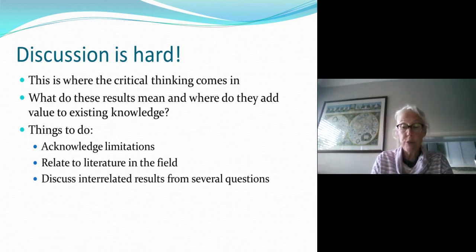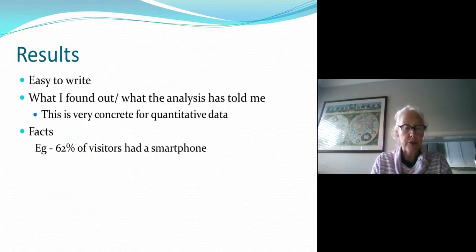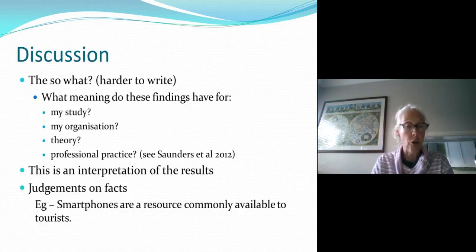For example, going back to the fact about smartphones, one of the things we did was link it to the market research data available on the number of people who had smartphones at the time, which showed a very similar percentage. So we could say that the result reflected the population as a whole.